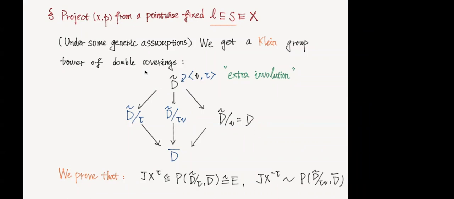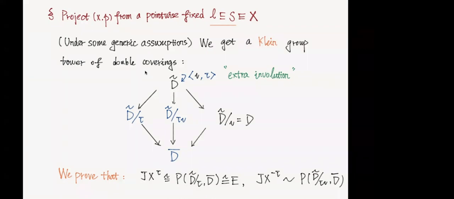But now because X has an Eckardt involution, when I project from this pointwise fixed line, D tilde not only has a cover involution exchanging these two lines, but also has an extra involution coming from the Eckardt involution. In this way we get a curve with a Klein 4 group contained in the automorphism group, and we get this tower.